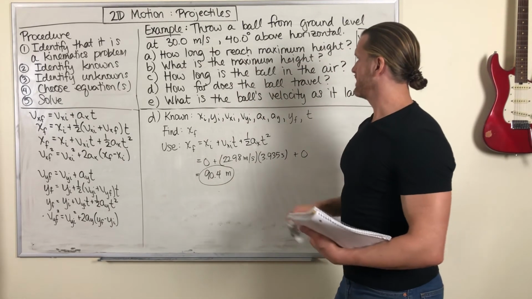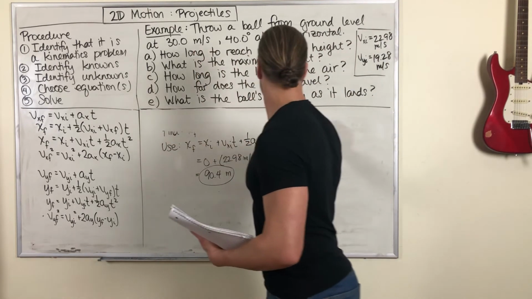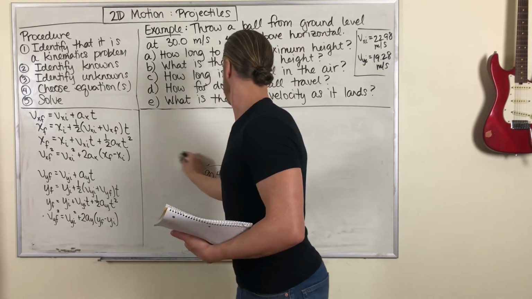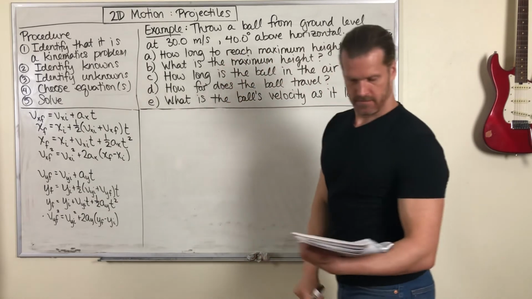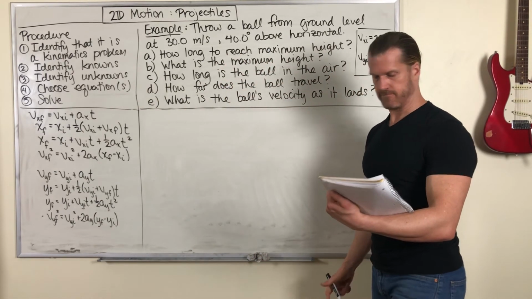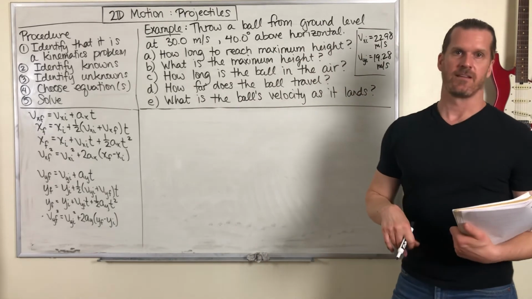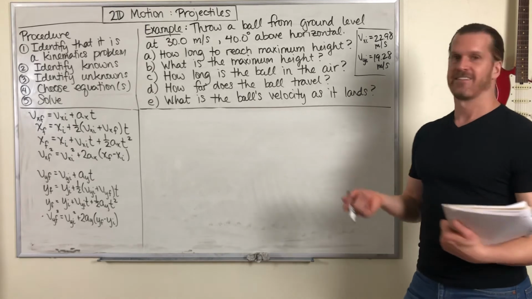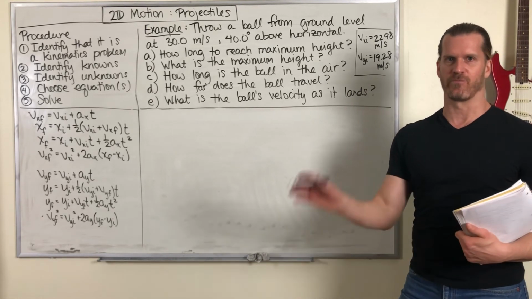Okay, we've done part D. Only one question left. What is the ball's velocity as it lands? So remember, when we say as it lands, it doesn't mean after it hits the ground and stops or rolls away or whatever.